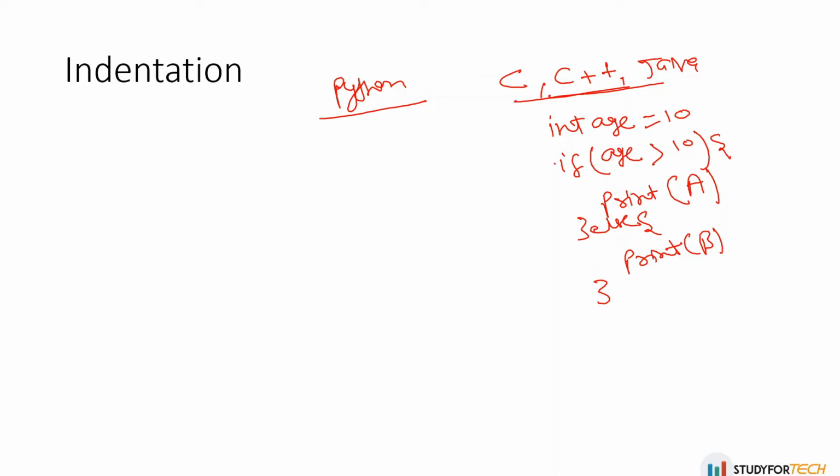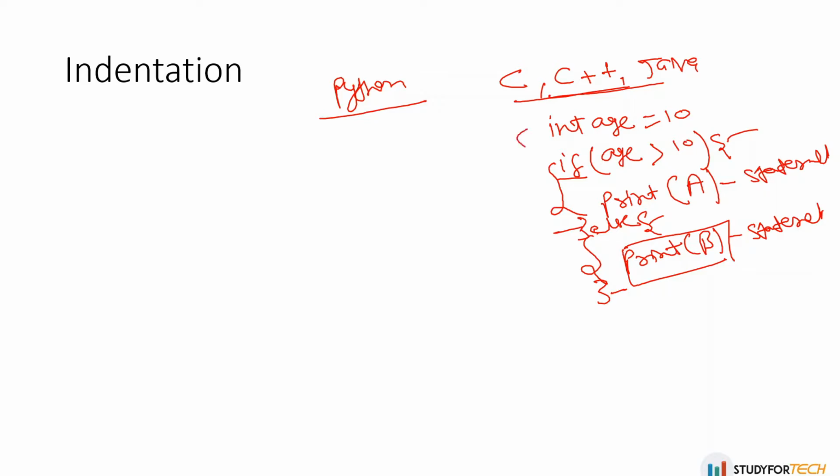So this particular if statement started and this else started here, and this is the else statement and this is the if statement. One point you can consider in these languages when we are writing conditions: for opening and closing, I am using curly braces, and for the else also curly braces.